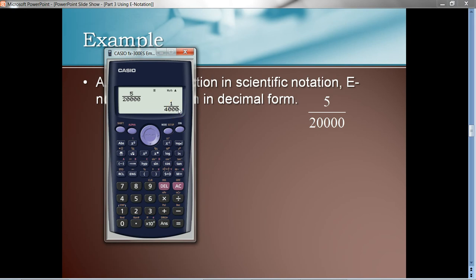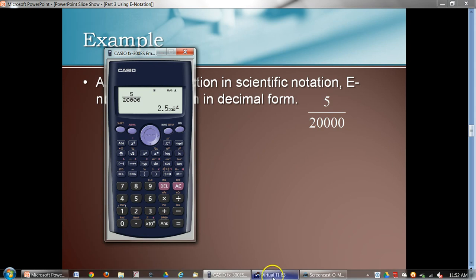To write that in scientific notation, we hit our old friend, the SD key. We get 2.5 times 10 to the negative 4th power. This is the form you see on the Casio calculator for very small numbers.